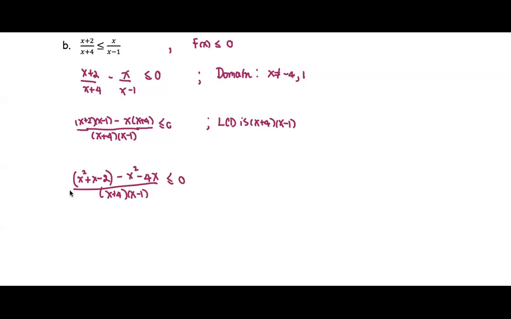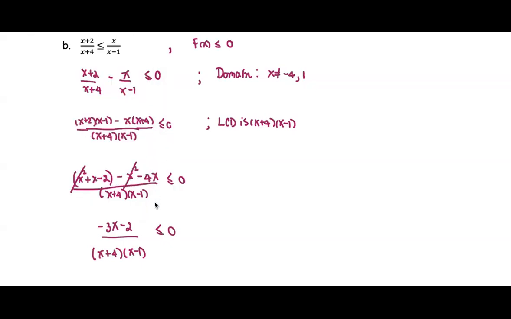Simplify the numerator more. x squared minus x squared is gone, plus x minus 4x becomes negative 3x minus 2, all divided by x plus 4 times x minus 1, less than or equal to 0.